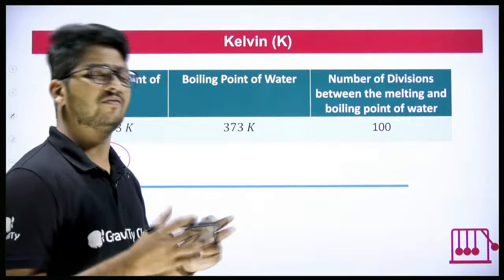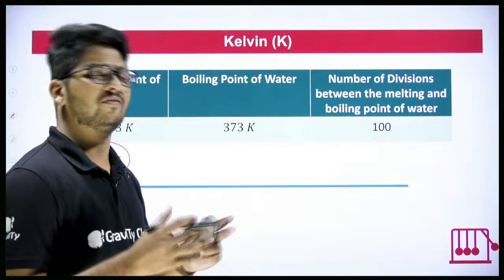How many equal parts are there? How many divisions are there between the melting point of ice and the boiling point of water? Everyone try doing it. For that you go for 373 minus 273. How much will that be?